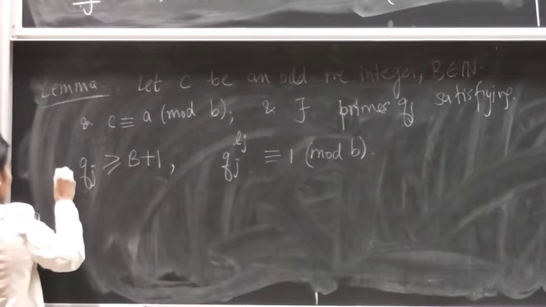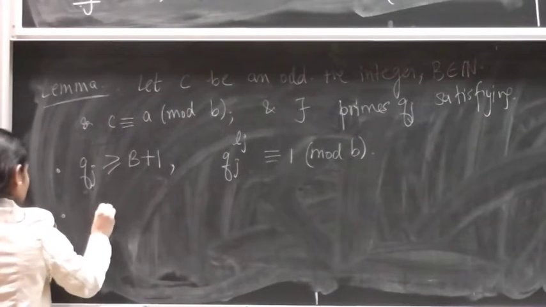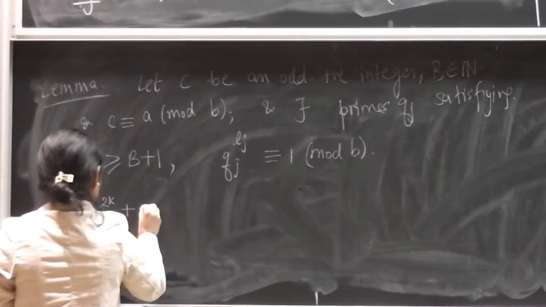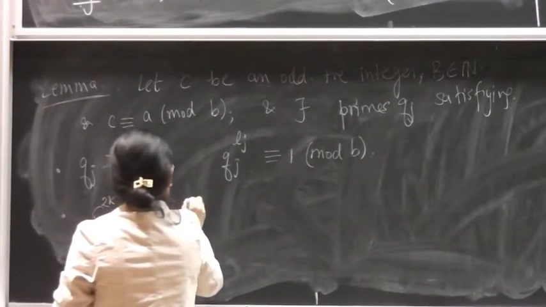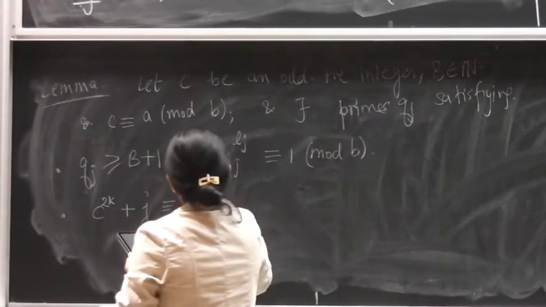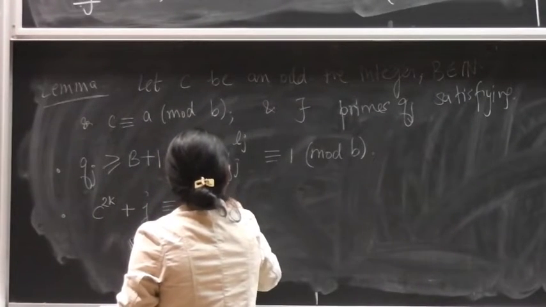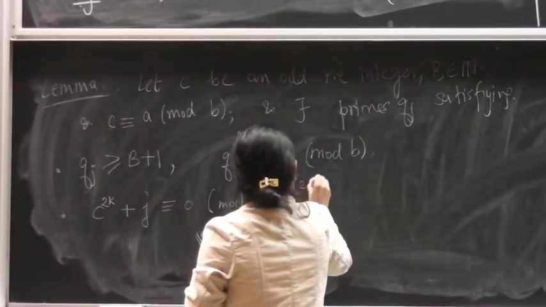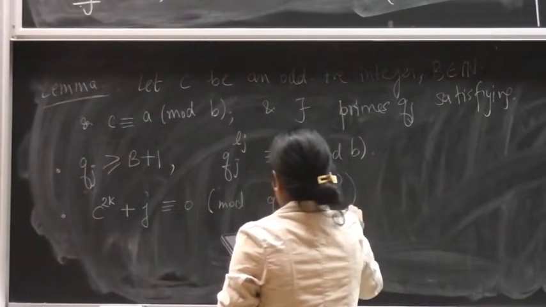And you also have, so this is 1, 2, and if you raise C to 2k, you get this congruence. This is congruent to 0 mod Qj to the power Lj minus 1.